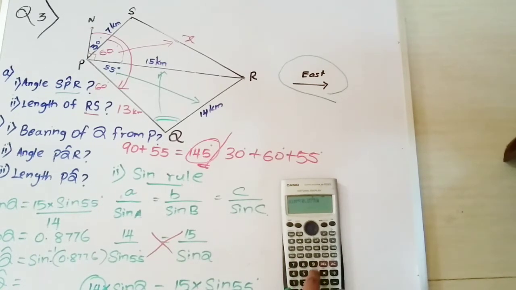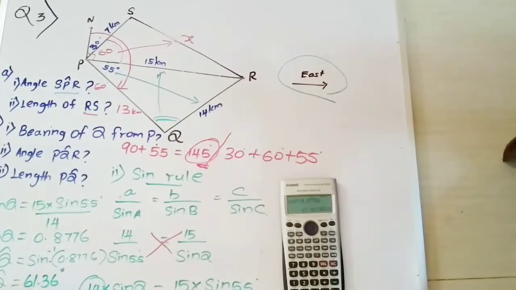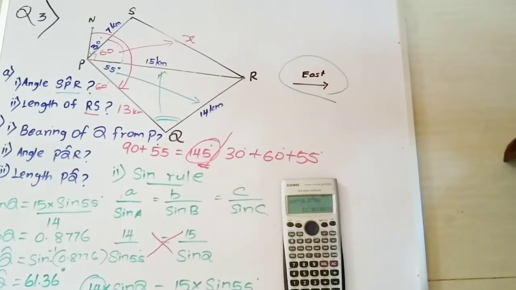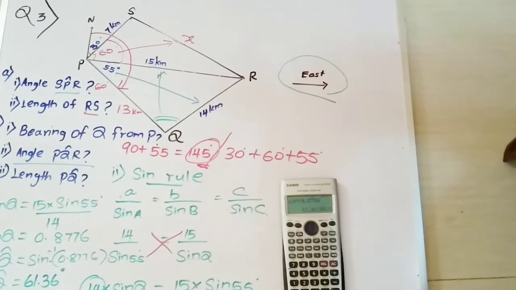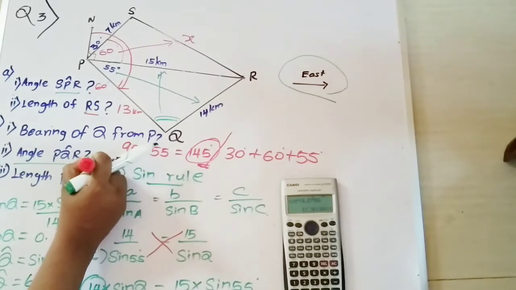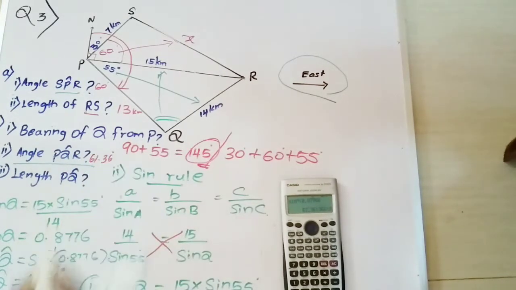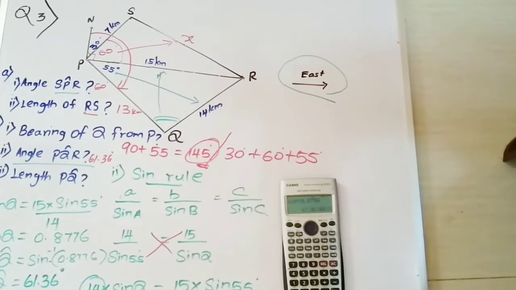Sine inverse 0.87766 gives 61.36. Approximately, we can tell the answer as 61.4, or 61.36. Angle PQR is 61.36 degrees.